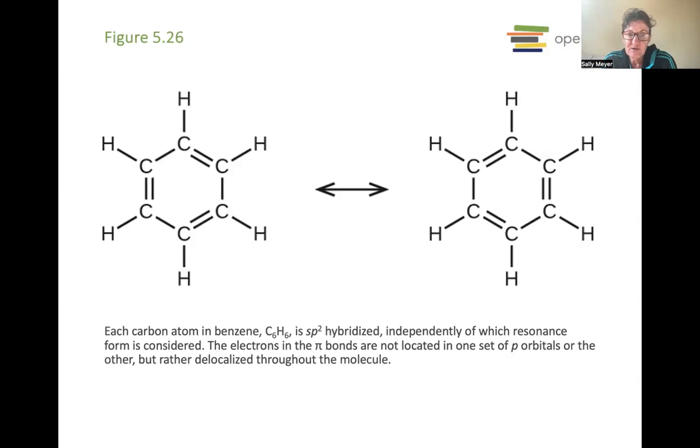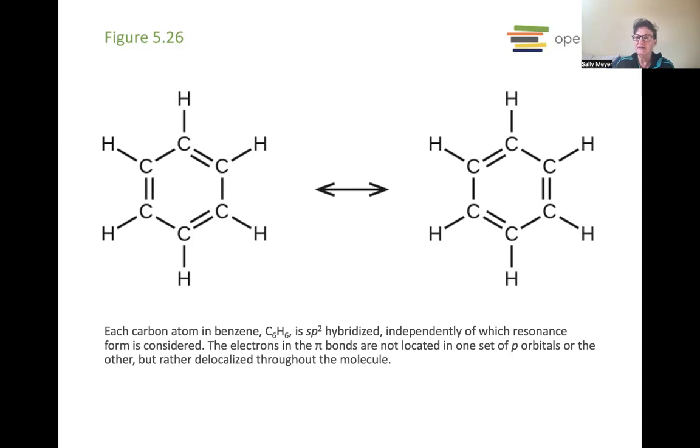So this is a picture where you have sp2 hybrid orbitals in between several carbons, and this molecule is benzene. But notice you can draw 2 resonance structures, so you could just move that double bond. And so that tells us, as we remember from the last chapter, that we don't really have single and double bonds alternating.